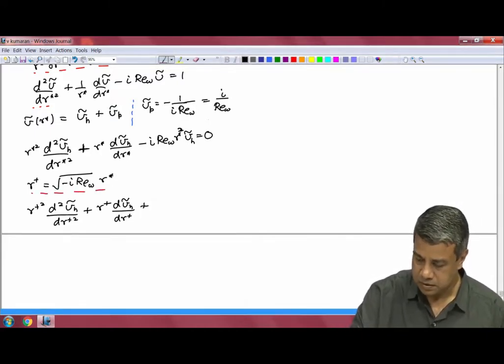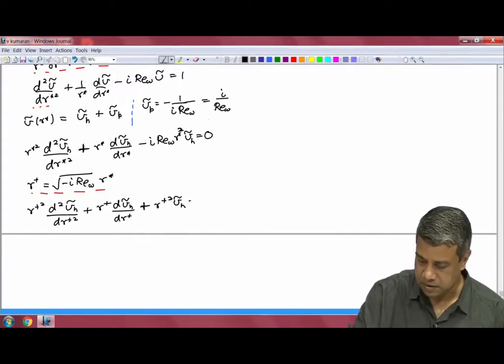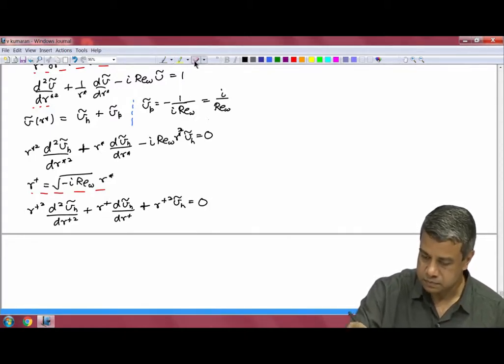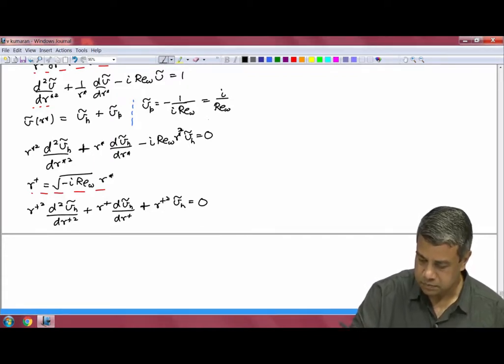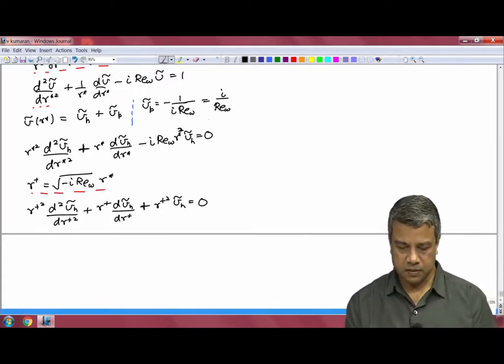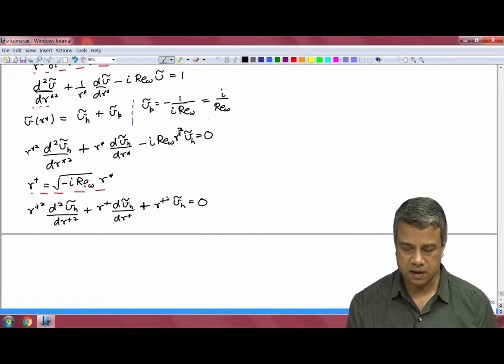So, this gives me plus r plus square times v homogeneous equal to 0. Okay. So, this is the equation expressed in terms of this r plus, which is square root of minus I r e omega times r star.